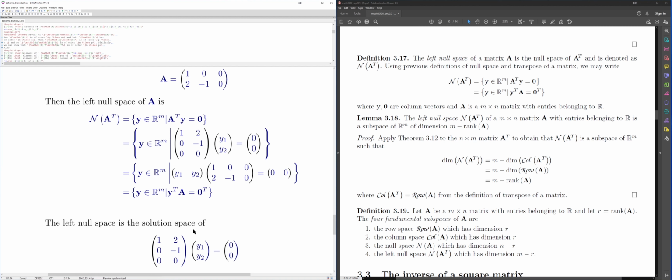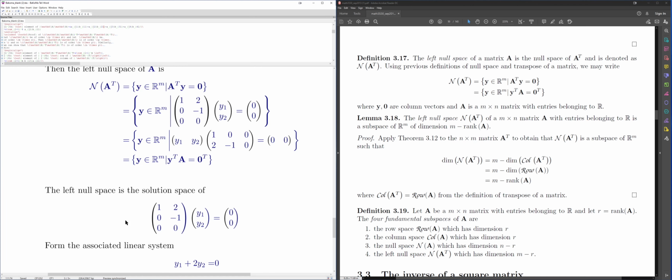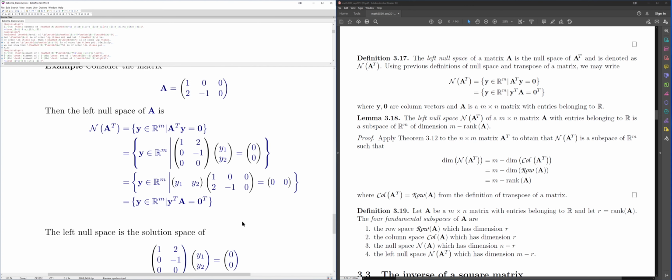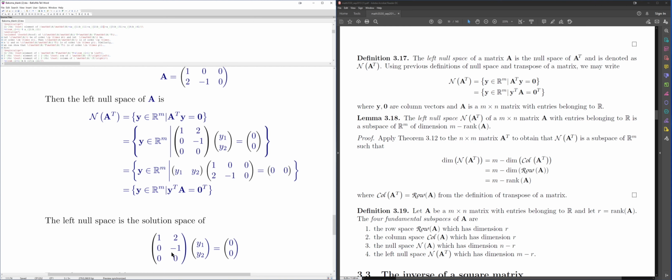That's just the same as what we were doing to get the null space: matrix, vector of unknowns, and then the 0 vector. The left null space is going to be the solution space of the system. So take a matrix A, take the transpose of it, and then take the null space of that.